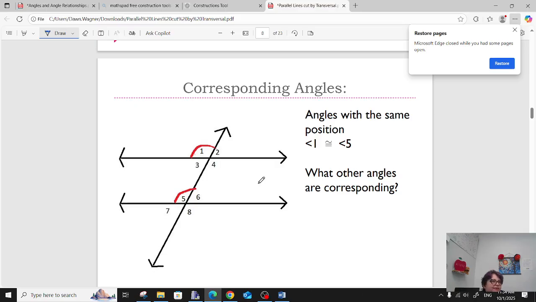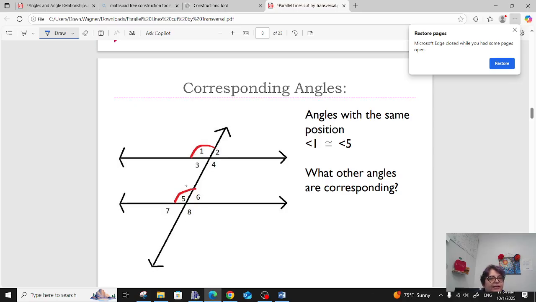Corresponding angles are angles in the same position. I think of it like if I were to cut and lay the sets of 4 angles on top of each other, that the ones in the same position are corresponding. So, do you see here how this is upper left?